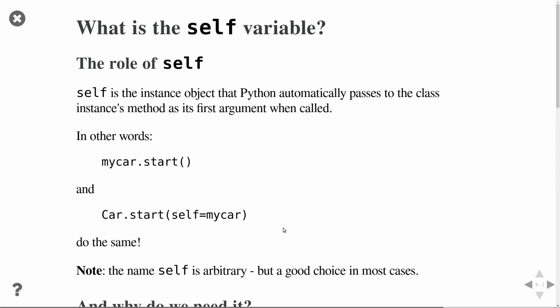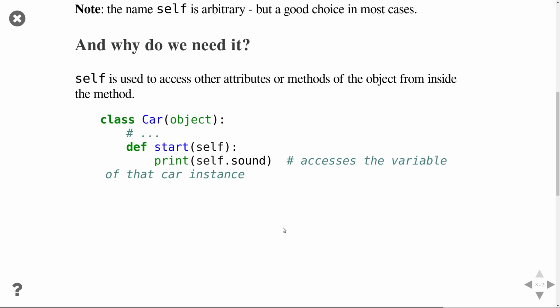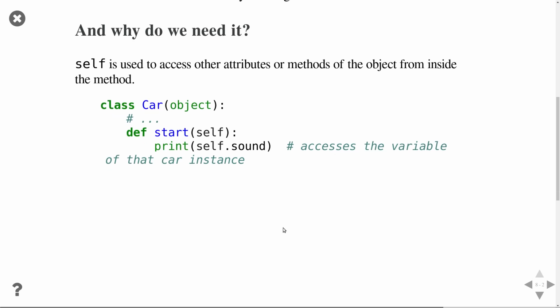And so why do we need it? It's needed because inside the function, we often want to query attributes about the object itself. So for instance, in my start function, I want to print out the sound of that specific car.